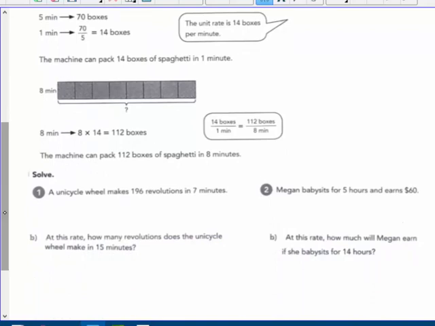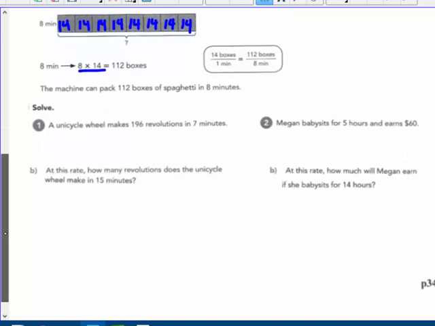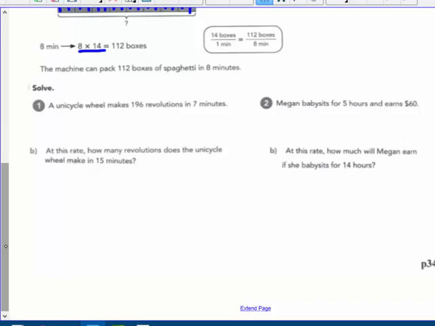So if it's 14 boxes in one of those minutes, just do 8 times 14, and you would get in 8 minutes, it could do 112 boxes of spaghetti.